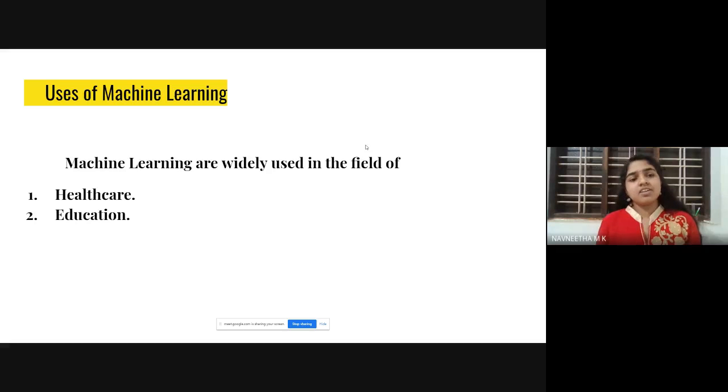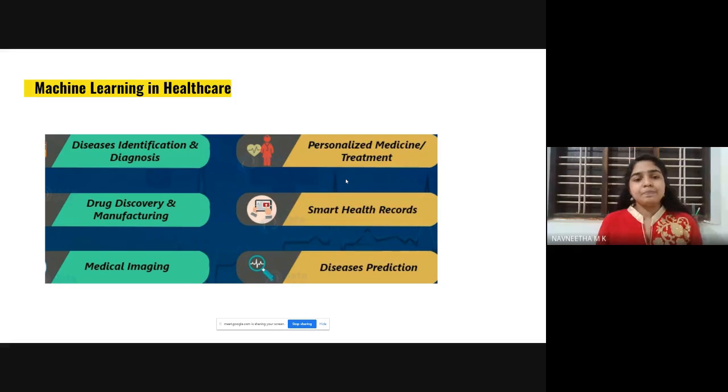Next, we will discuss the uses of machine learning. Machine learning is used widely all around the world. In our daily life also, we use machine learning. Here I will discuss the fields of healthcare and education. First is healthcare.